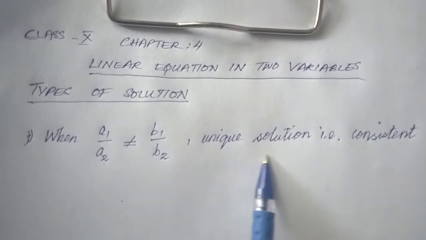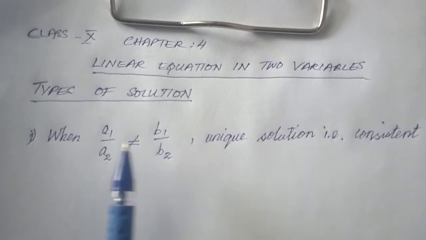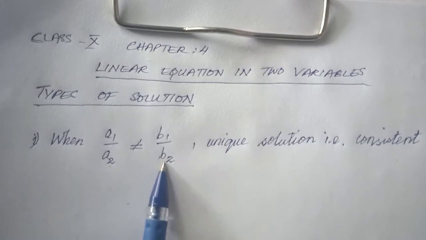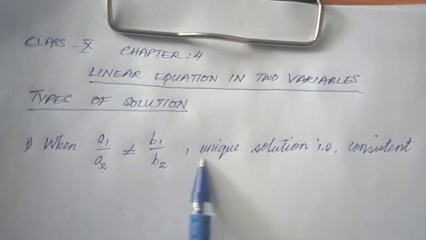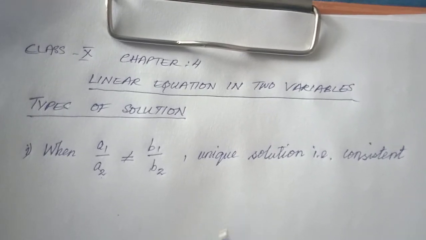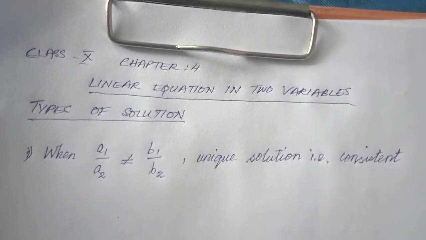Unique solution is consistent, and we know that a1 by a2 is not equal to b1 by b2. That means we will have a unique solution. Unique solution means we will have the exact value for x and y.